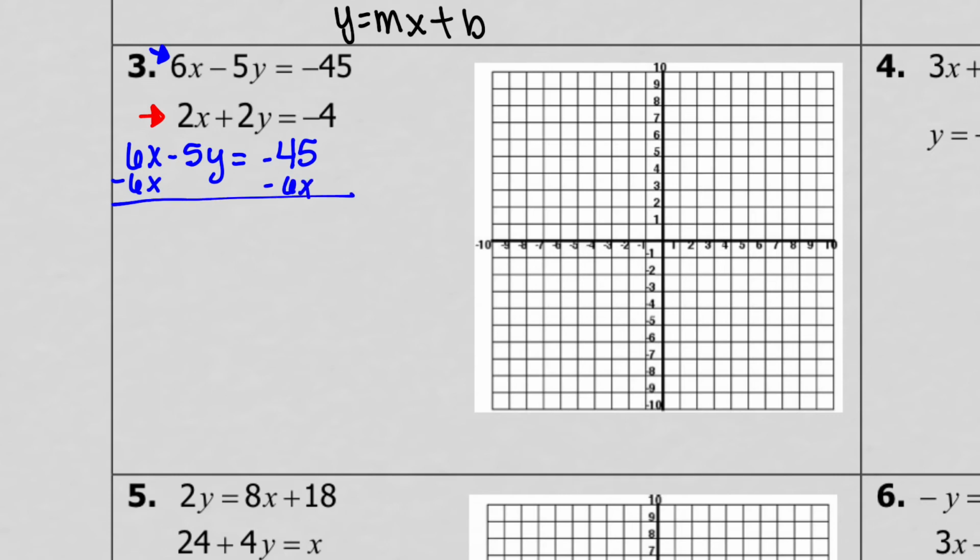Okay, so we get -5y on the left. What do we get on the right?